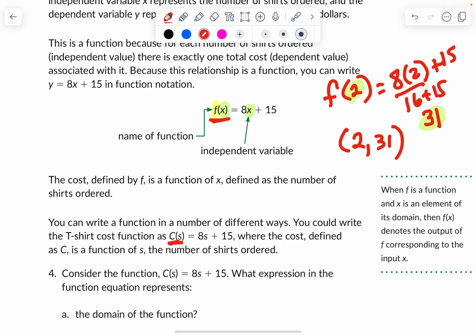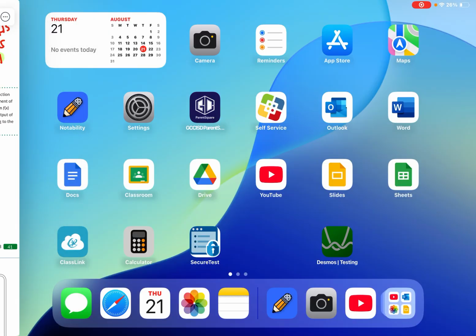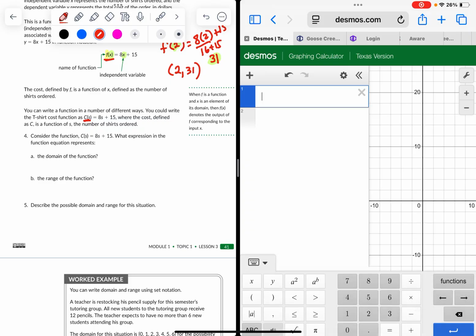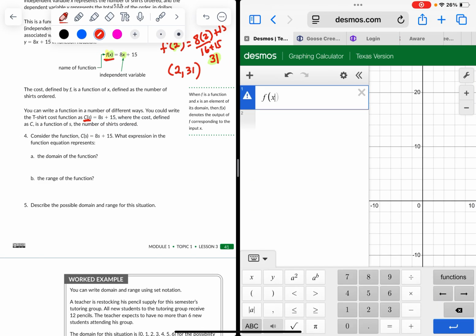And in fact, I'm going to show you guys, anytime you have a function like this, you can actually graph it in Desmos, and you can see what it's going to look like. So I'm going to go graph f of x equals, what was it, 8x plus 15? 8x plus 15. There's my graph.